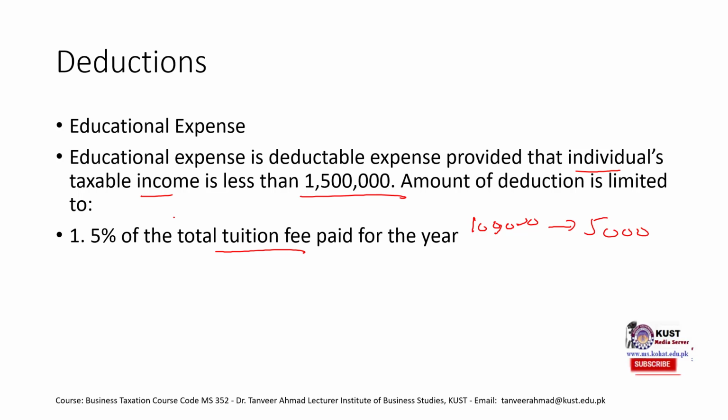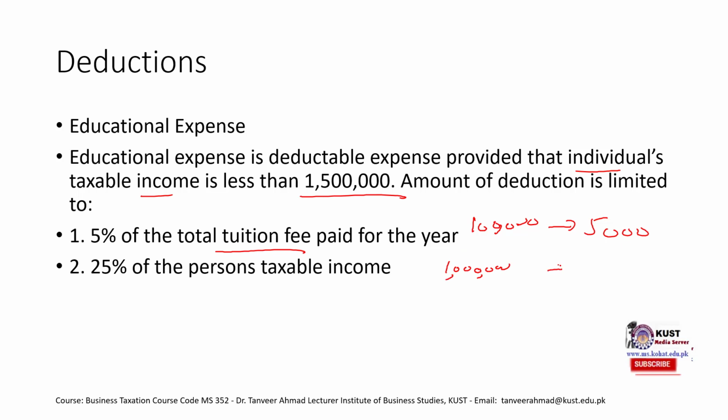This is the first calculation. The second is 25% of the taxable income. So if taxable income is 1 million rupees, then 25% of this 1 million rupees would be 2 lakh 50,000, right? So this is the second calculation that we need to do.